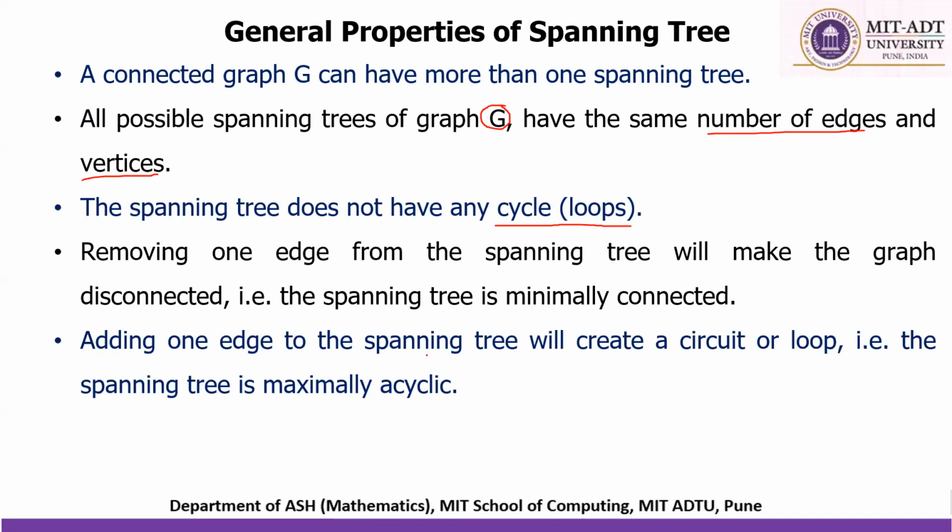Adding one edge to the spanning tree will create a circuit or loop. That is, the spanning tree is maximally acyclic. So if we add any edge to the spanning tree, a cycle will be created.